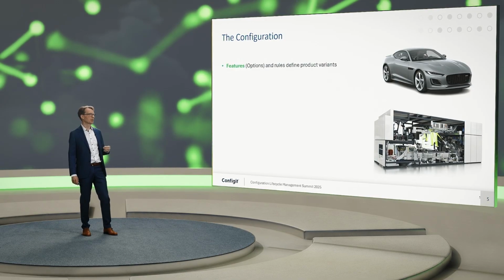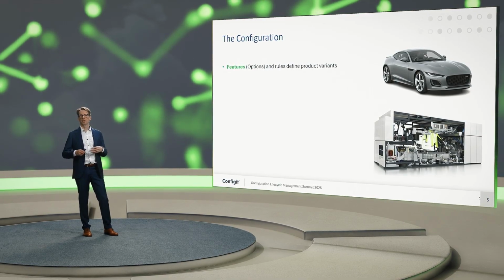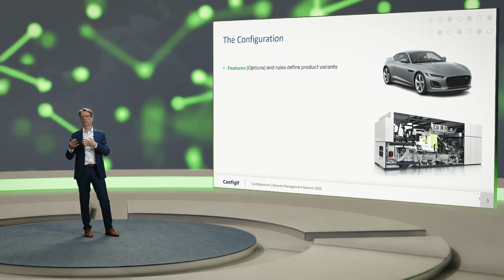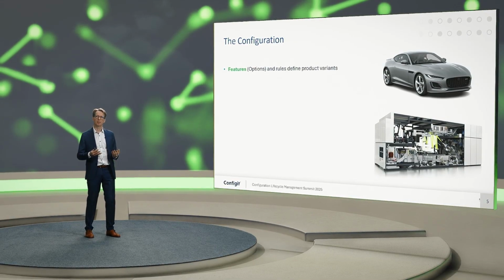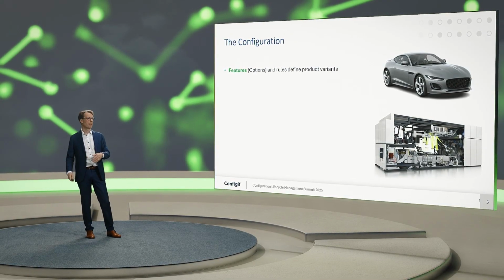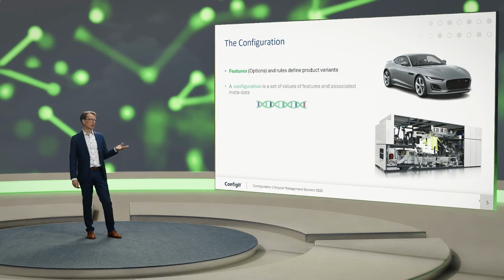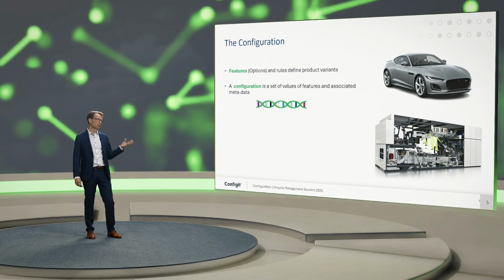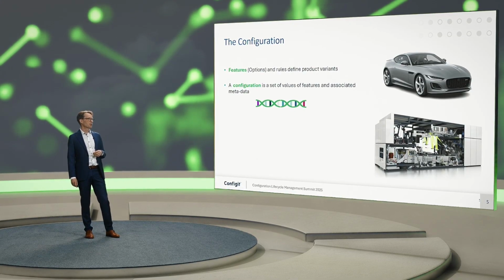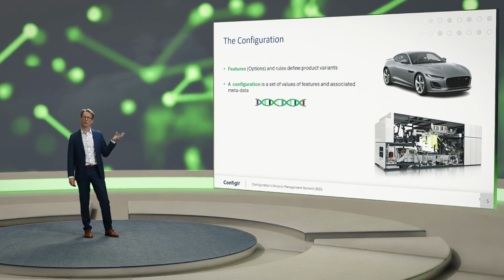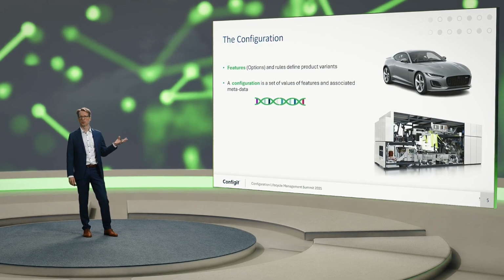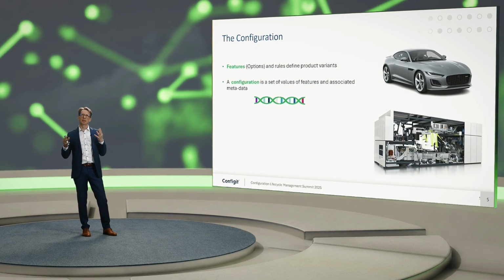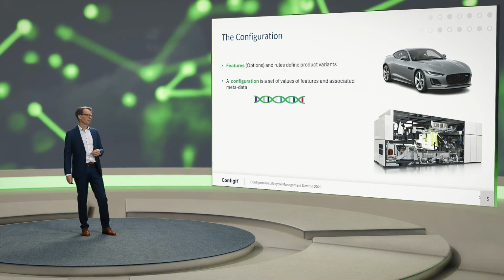Features are what defines the variability of a product, either from a technical perspective or from a commercial perspective. And the features are tied together by constraints or rules. And that leads to a set of configurations that satisfy those constraints. That's the space that we are working in.